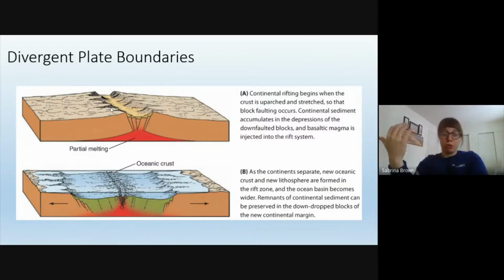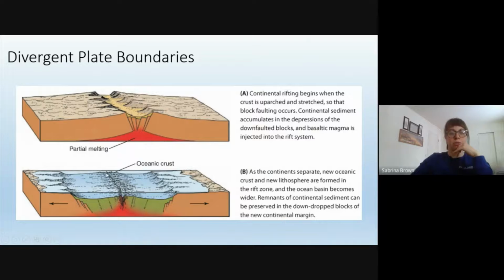And we start to form new oceanic crust and new lithosphere. So eventually the ocean basin becomes wider and wider. When it's on continents, we call it a rift valley. Underwater, we call it a mid-ocean ridge.